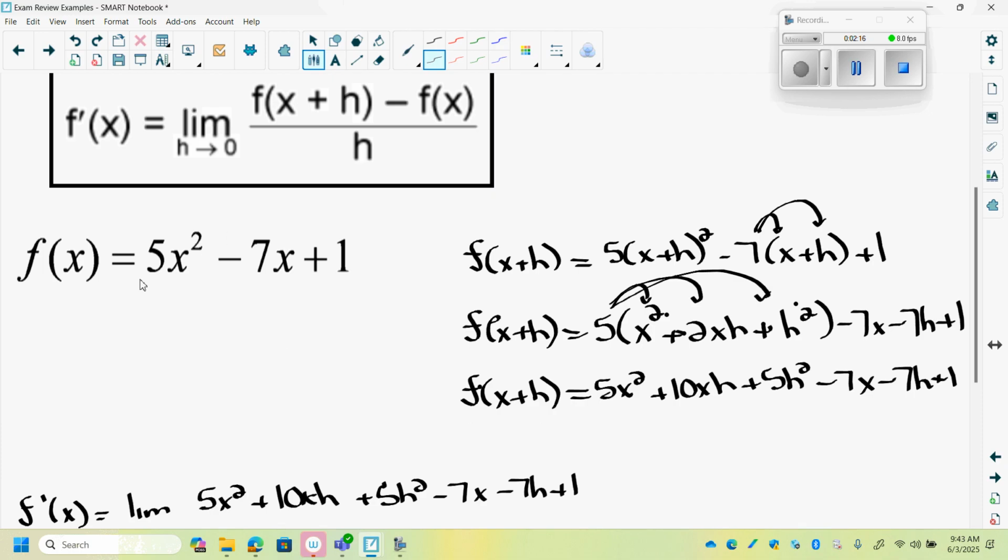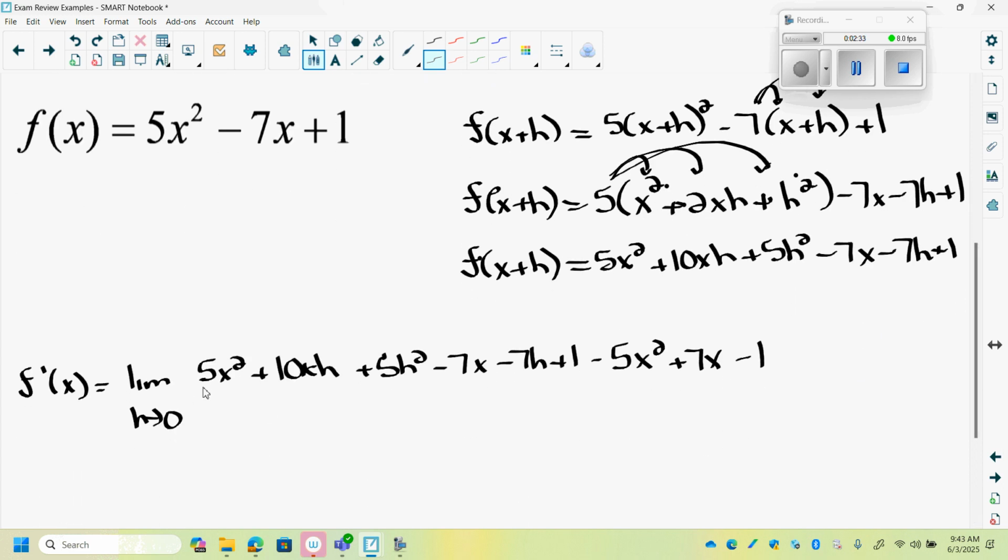I'll distribute the negative right now. This would become a minus 5x squared. If I subtract negative 7x, what do I get? A plus 7x. If I subtract a positive 1, distribute the negative, and the sign would become a negative 1. All divided by h.